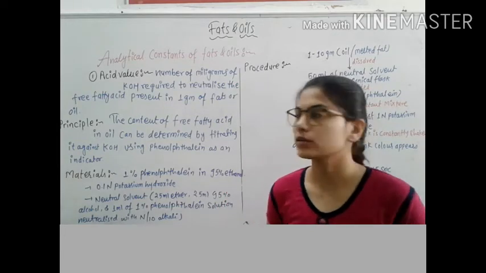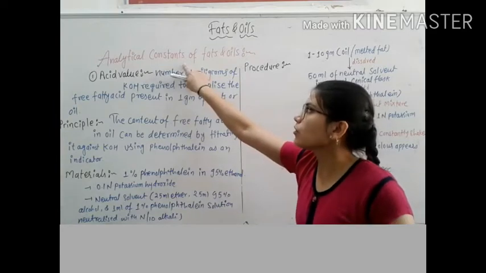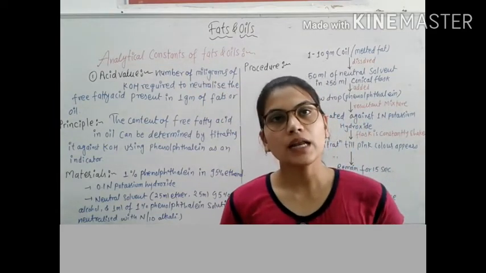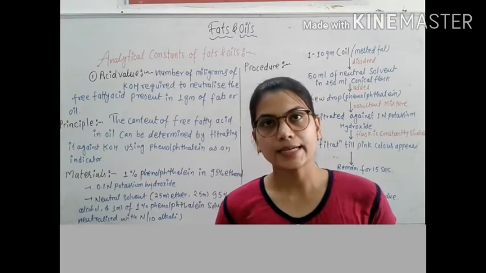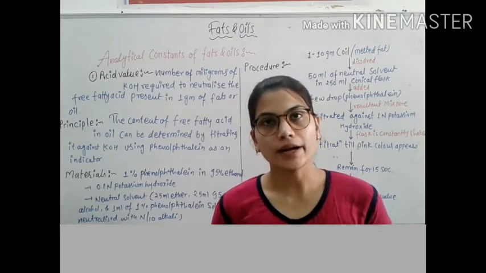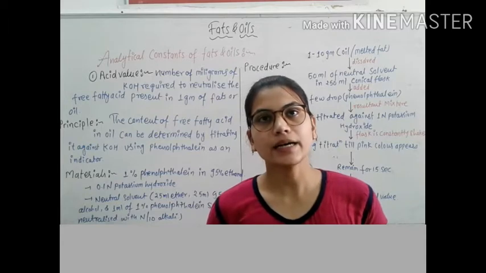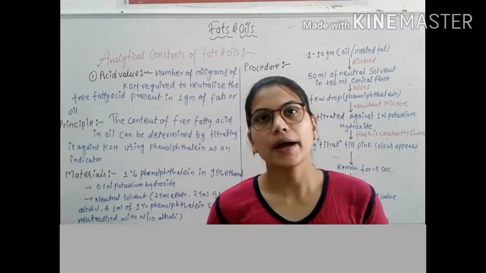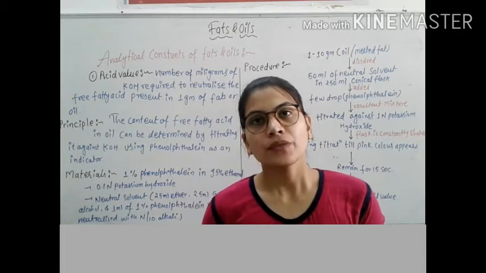Today we discuss the analytical constants of fats and oils. The chemical nature of the fatty acids and the number of hydroxyl groups present in a fat molecule can be determined from the reaction mentioned above.